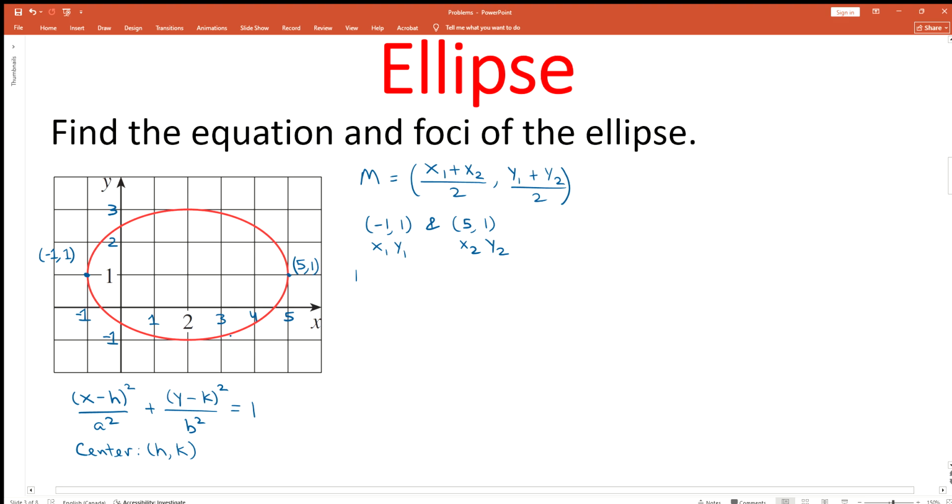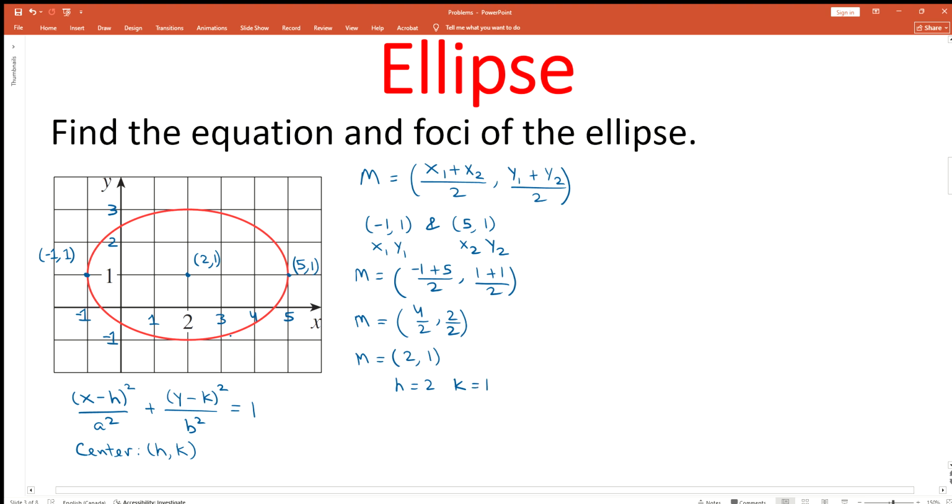We can sub in the values in the midpoint formula. We can reduce these fractions. I get (2, 1). That means the center of this ellipse is (2, 1). So the h value is equal to 2 and k is equal to 1.